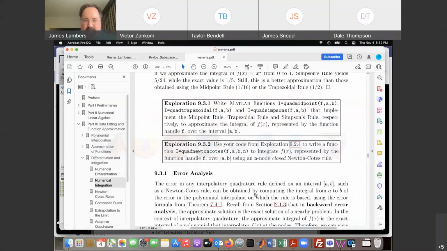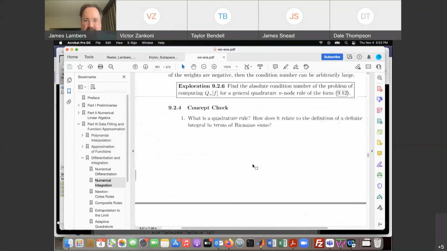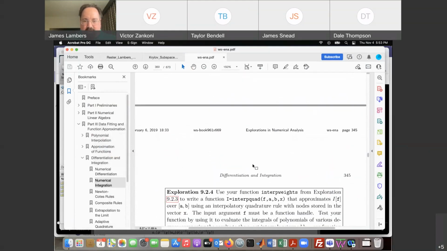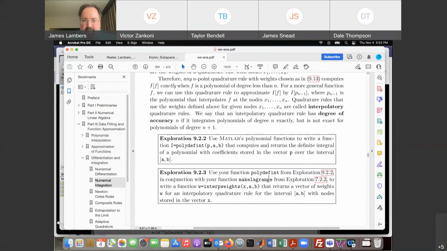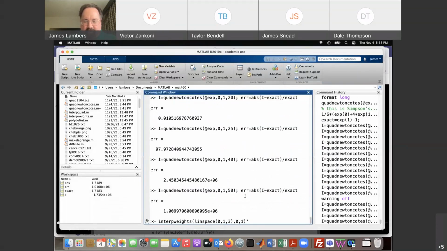Sorry, I need to check something here. The arguments for interp weights, a, b, x. Oh, this needs to be 0 to 1. Okay. So here we have the interval 0 to 1, and here are the weights.